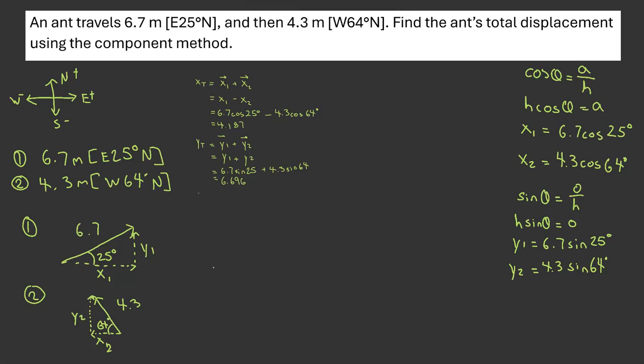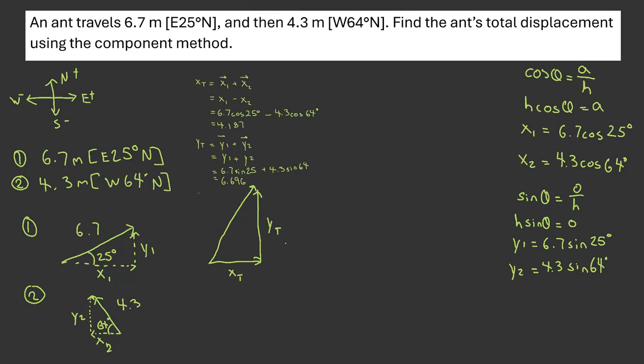So I'll just draw it like such. 4.187 meters this way. And then my yt, right? My yt is 6.696. So something like this. And I'll call this yt. I'll call this xt. And so the vector which I care about, which was in the diagram previously shown to you, is this. This is my resultant vector. This will give me my total displacement using the component method.